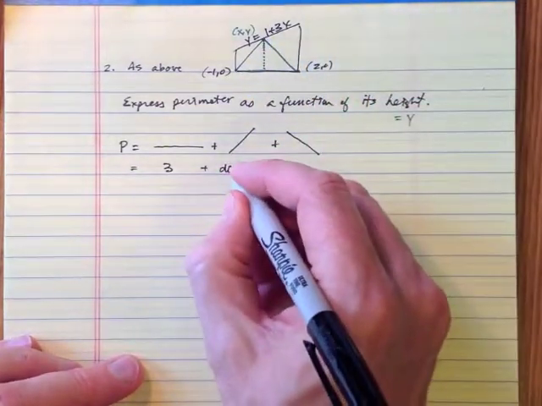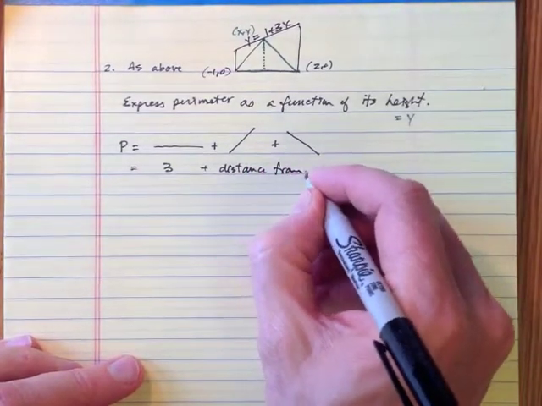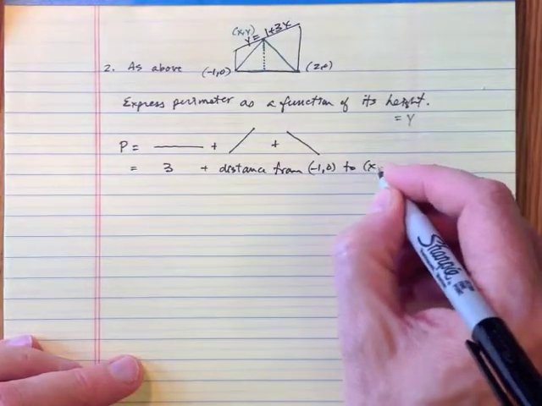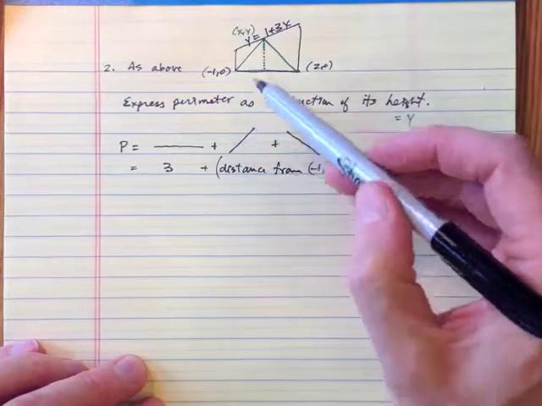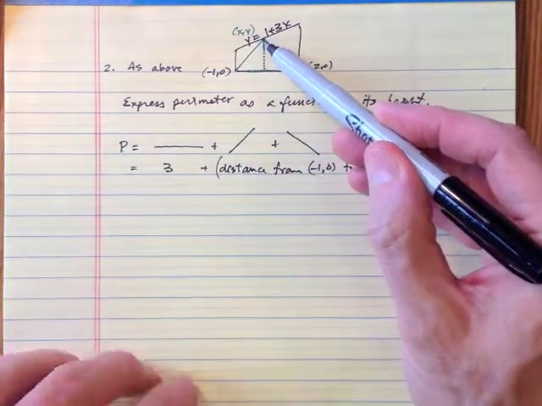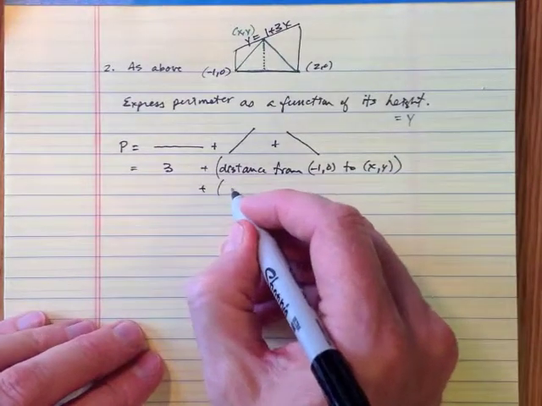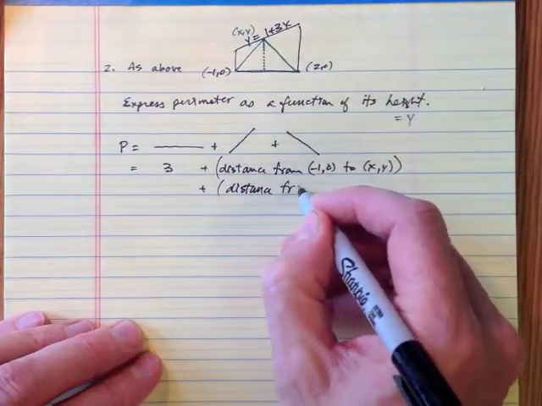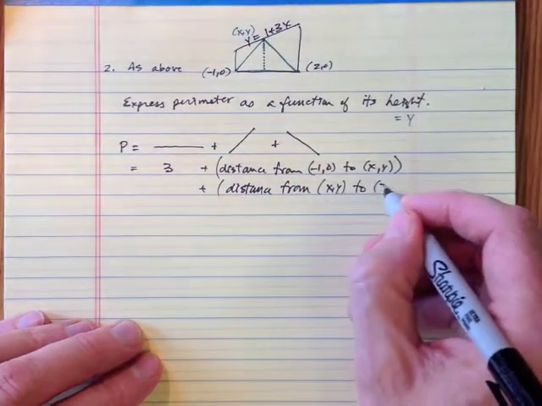It's the distance from the point (-1, 0) to the point (x, y). And this distance is the distance from (x, y) to the point (2, 0).